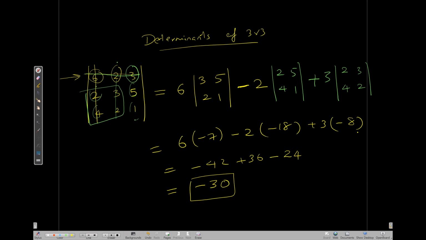Now, where is this idea coming from? Let's have a look at that now. Minus and cofactors. First, let's talk about minus.